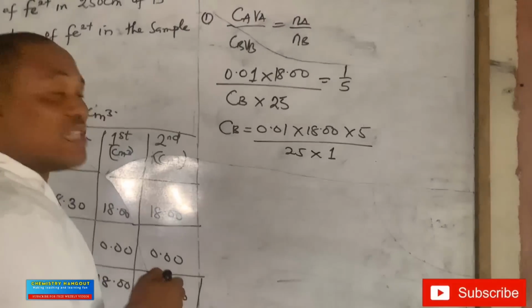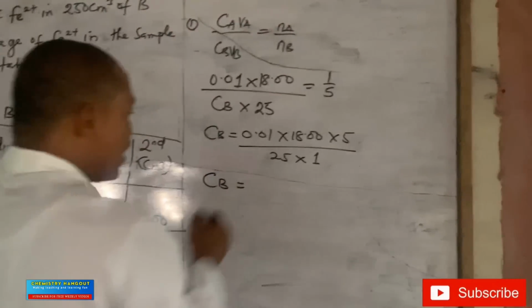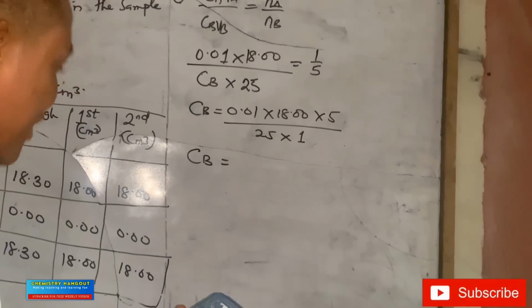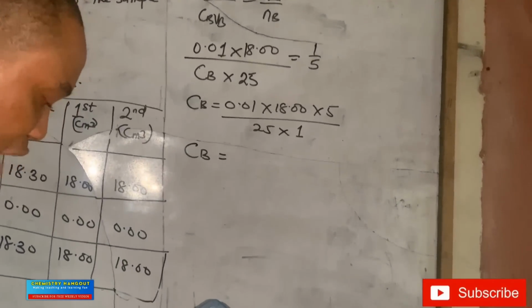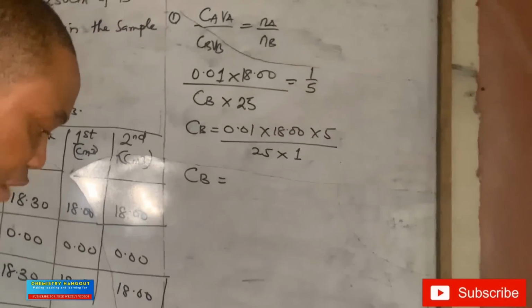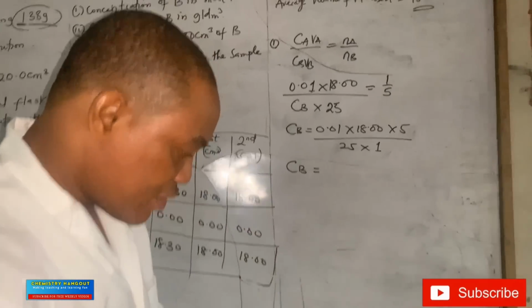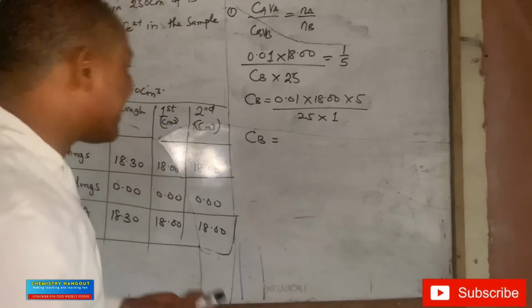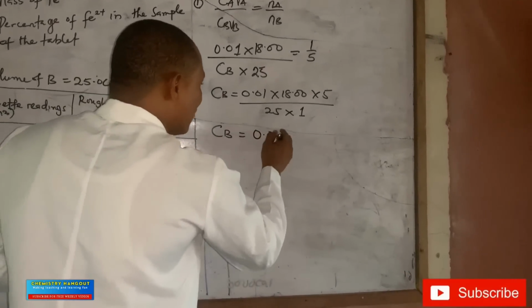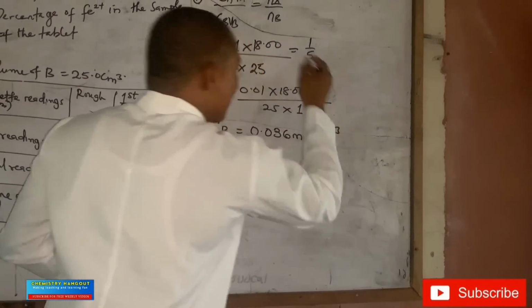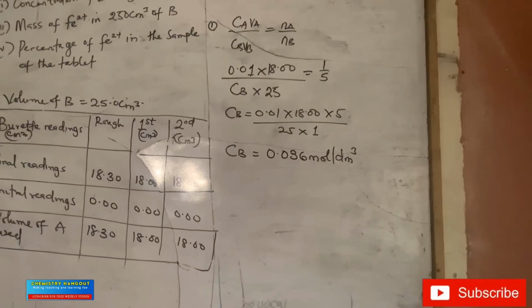Let me quickly use our calculator: 0.01 times 18 times 5 gives 0.9, divided by 25, that's 0.036. So 0.036 mole per dm cube. I want to believe this is very clear.